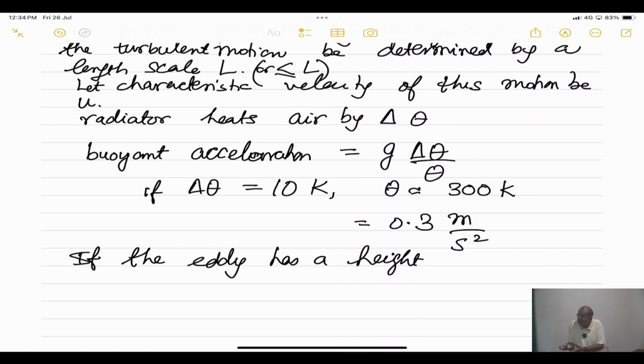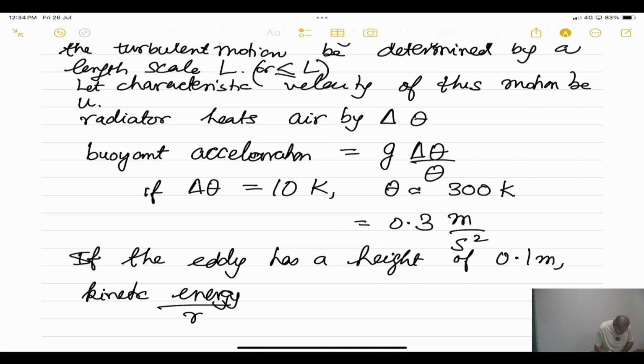You don't feel the effect of a heater very far away from it. So the kinetic energy per unit mass of this eddy will be g times delta theta upon theta times h.